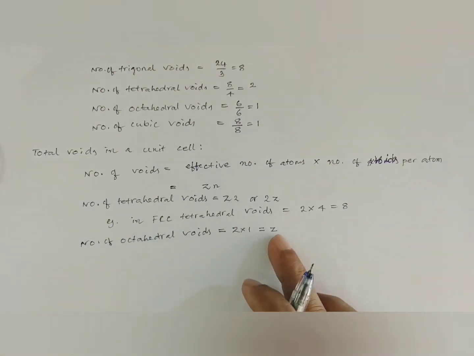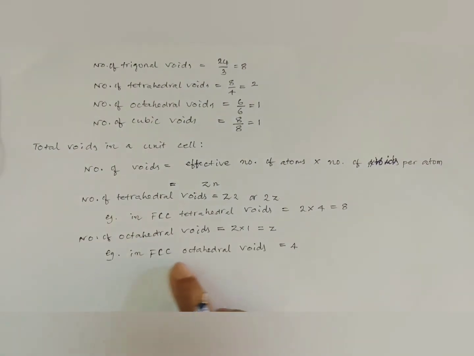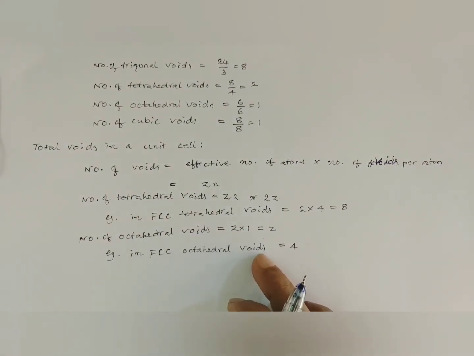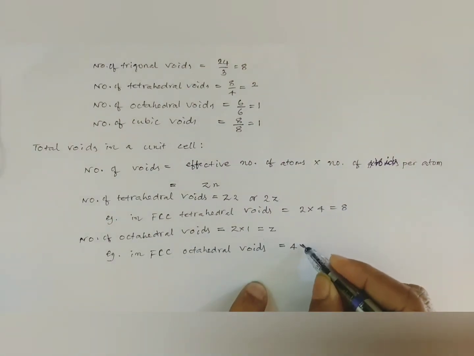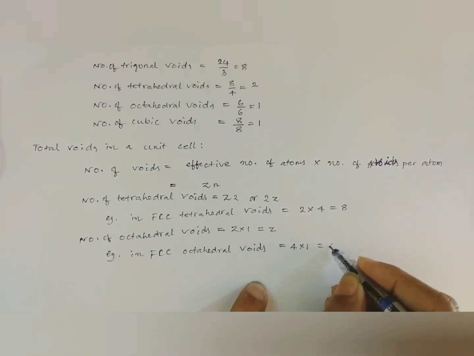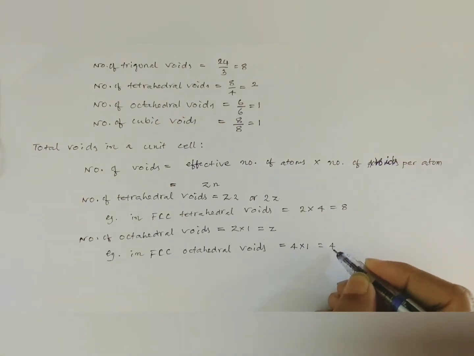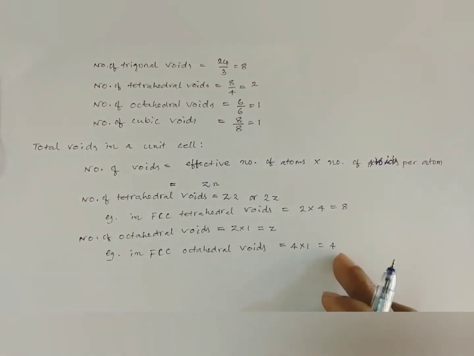So the number of octahedral voids will be equal to the effective number of atoms in any unit cell. For example, in FCC, octahedral voids is equal to effective number of atoms, 4, into number of octahedral voids per atom, which is 1. So that number will be equal to the effective number of atoms only. So there are as many octahedral voids as the number of atoms, either in FCC or HCP.